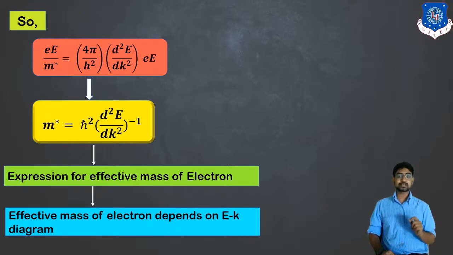Now this is the expression of effective mass of electron, and from this you can see that there is an E-k term present. So the effective mass of electron also depends on the E-k diagram. Okay, so this m star is being derived. Now m star signifies the exerted amount of change when the two potentials are working all together.